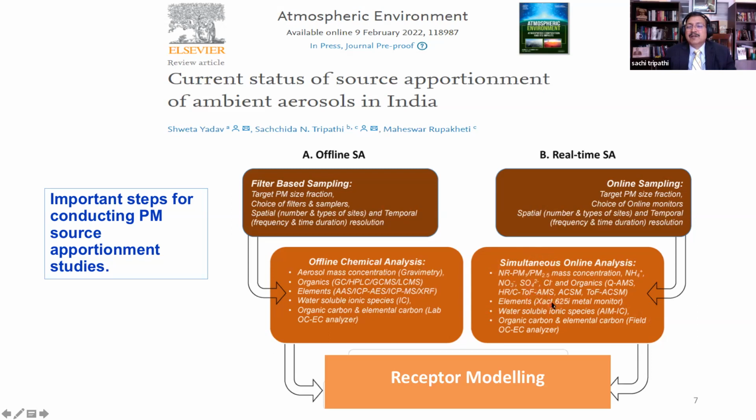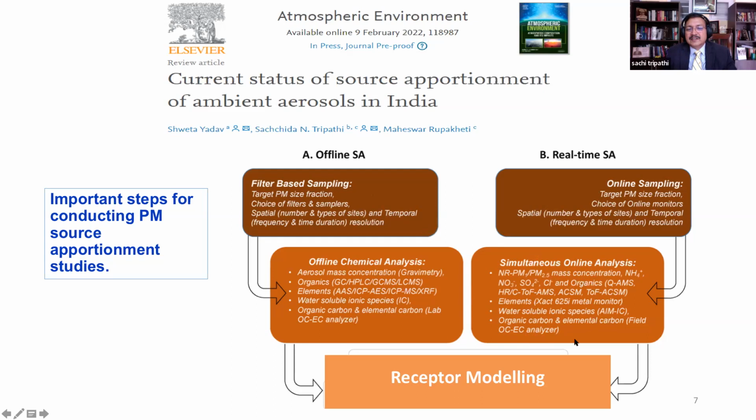So for example, you can use Xact for metals, which gives you real-time metal analysis, and it works on the principle of basically XRF. Likewise, for organic carbon and elemental carbon, you could use either an aethalometer, or you can certainly use an OC-EC analyzer. Remember that this OC becomes redundant because OC can also be obtained from these online instruments.